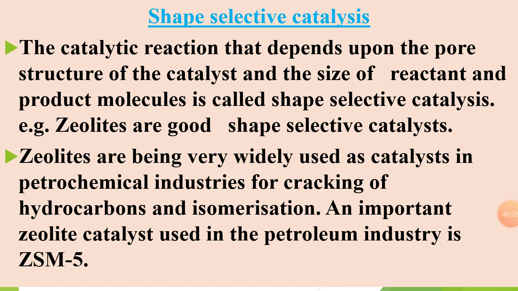is called shape selective catalysis. Dear students, again listen. The catalytic reaction that depends upon the pore structure, pore means hole of the catalyst, and the size of reactant and product molecules is called shape selective catalysis.